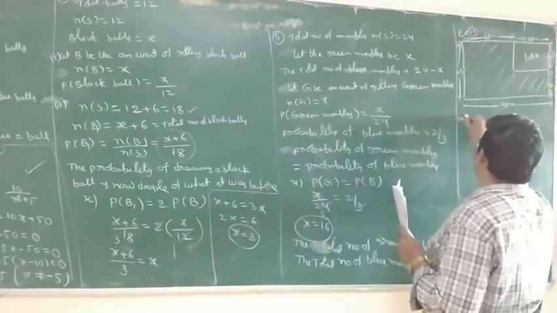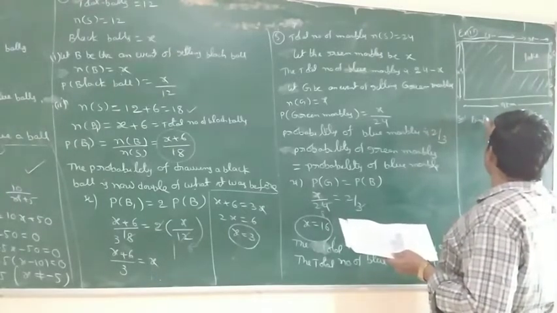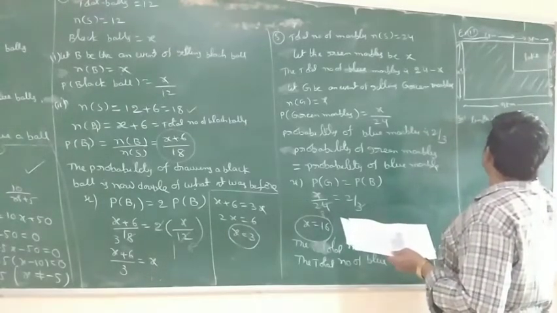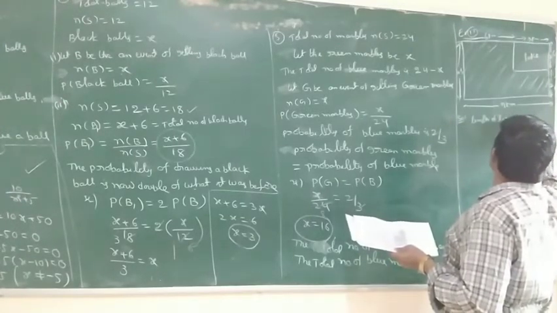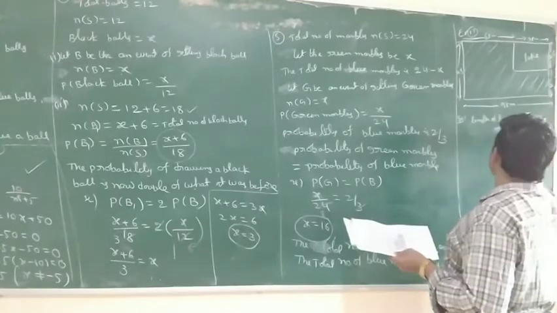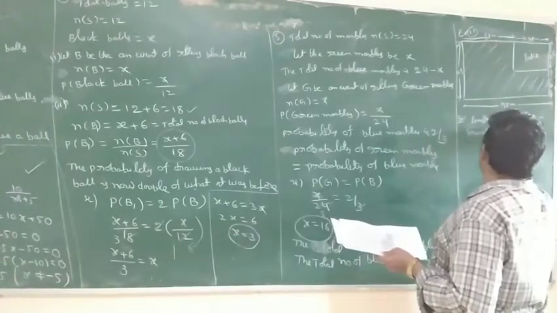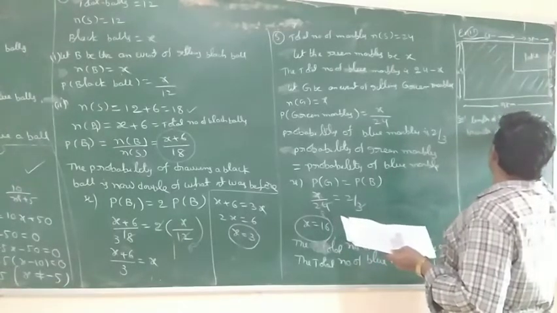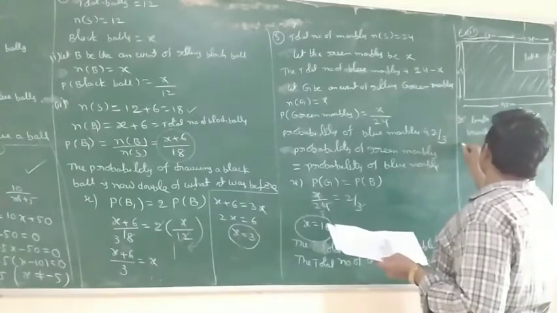Solution. Length of lake L is equal to 3 kilometers. Breadth of lake B is equal to 2.5 kilometers.